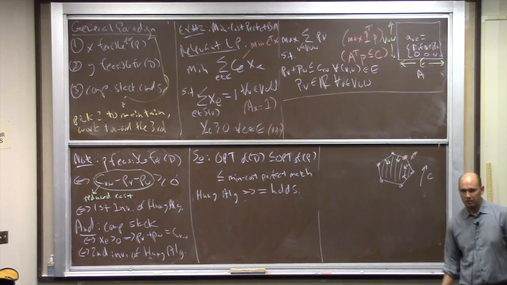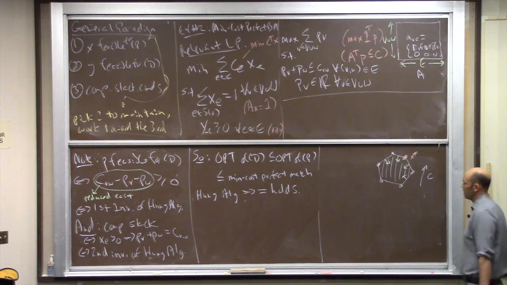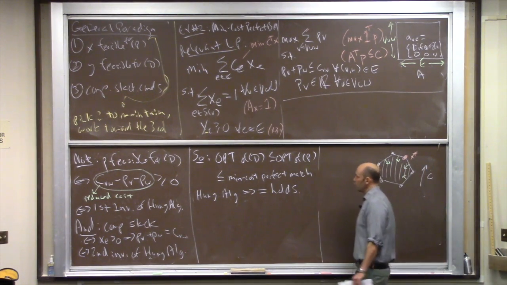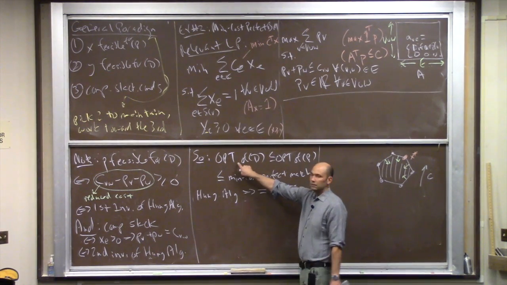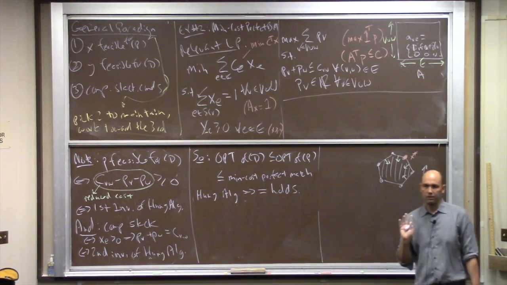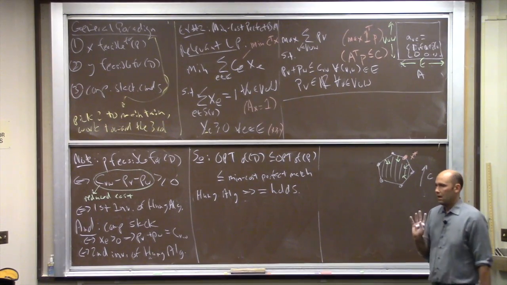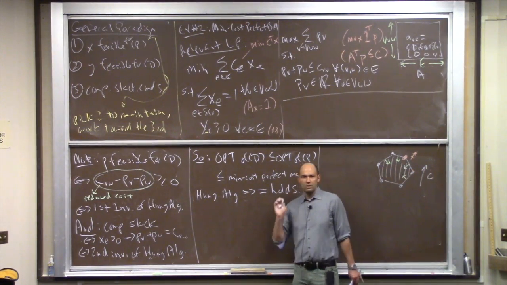So we wouldn't know this if we hadn't analyzed the Hungarian algorithm. We'd only know the inequalities. But the Hungarian algorithm proves, it exhibits, no matter what the graph is, a matching and a dual solution that's feasible that have exactly the same value. And that can only happen if both of these inequalities are equations. Just like with max flow, the fact that both of these inequalities are equations is interesting.